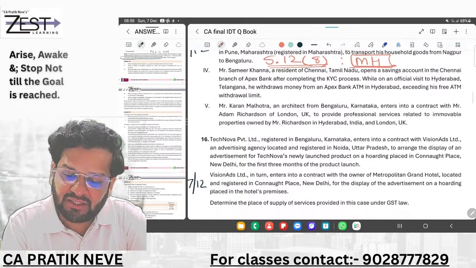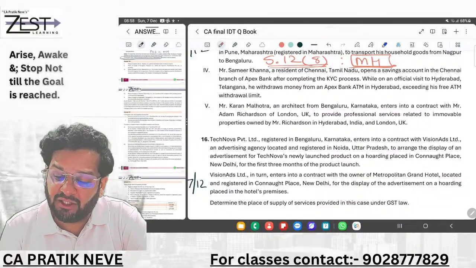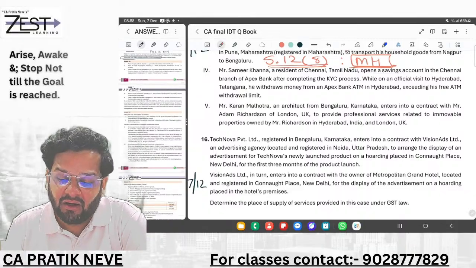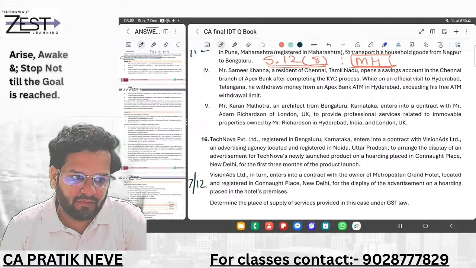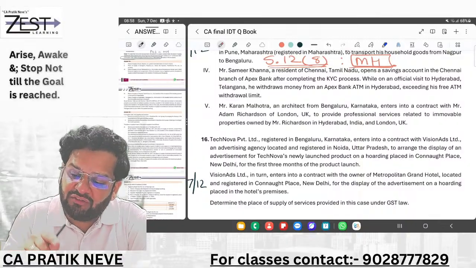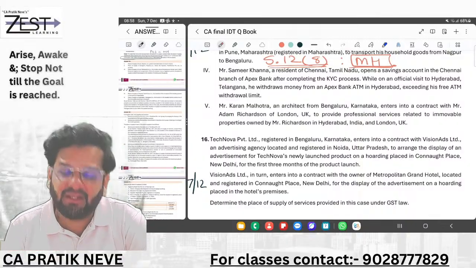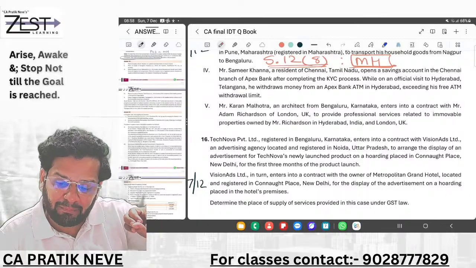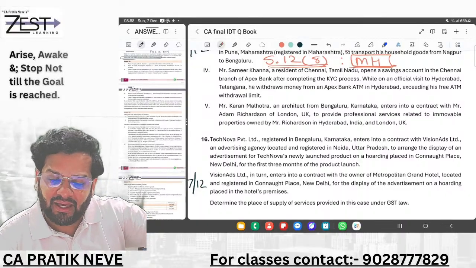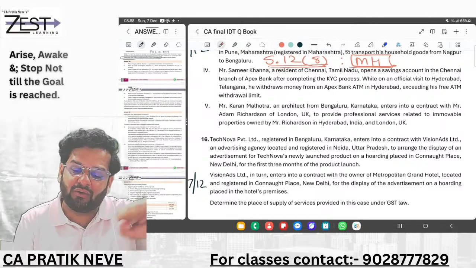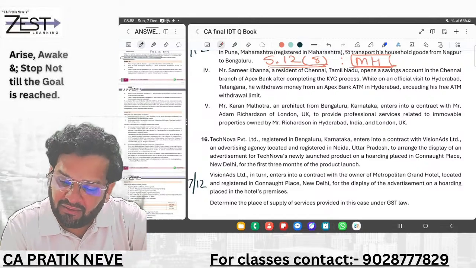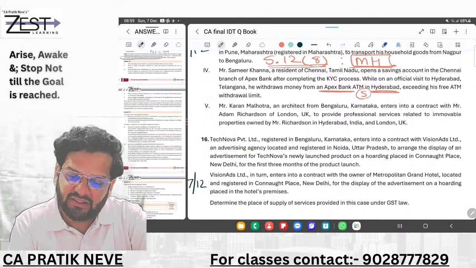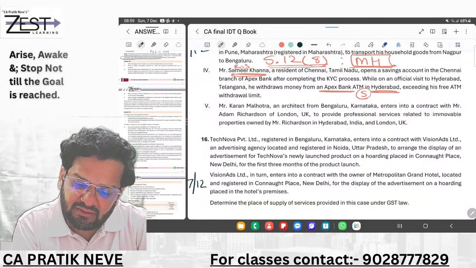Next, Samir Khanna, resident of Chennai, Tamil Nadu, opens a savings account in the Chennai branch of Apex Bank after completing the KYC process. While on an official visit to Hyderabad, he withdraws money from an Apex Bank ATM in Hyderabad, exceeding his free ATM withdrawal limit. Now, Apex Bank Hyderabad is the supplier. The recipient of supply is Samir Khanna.